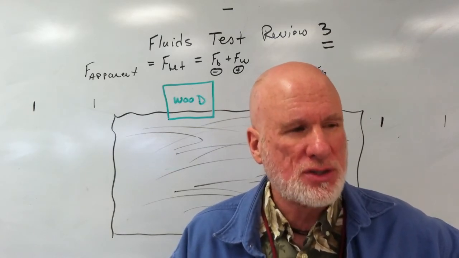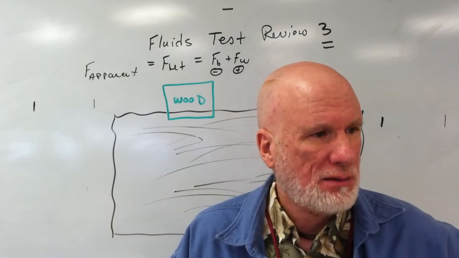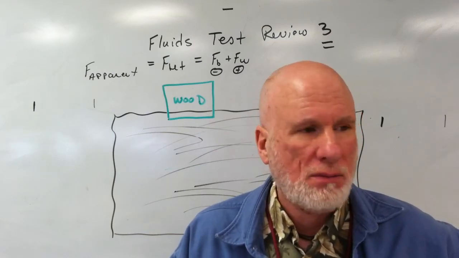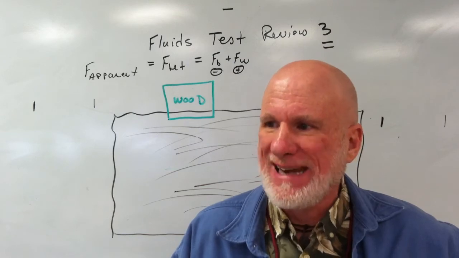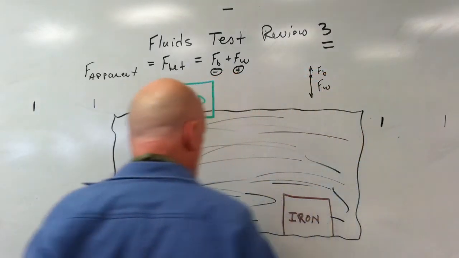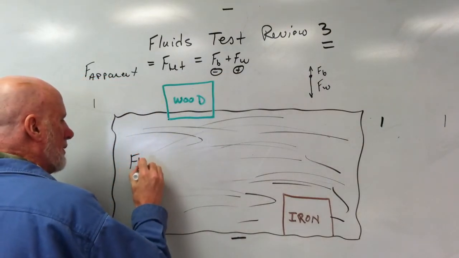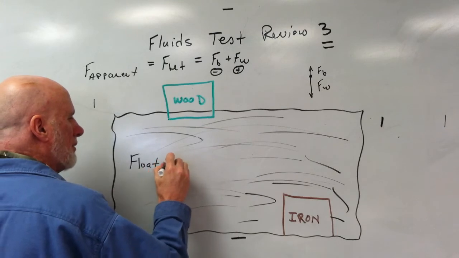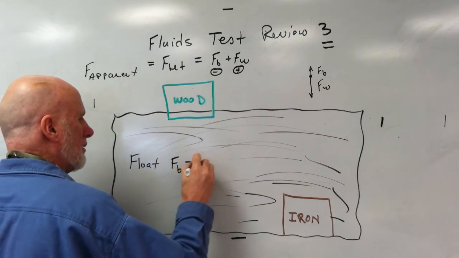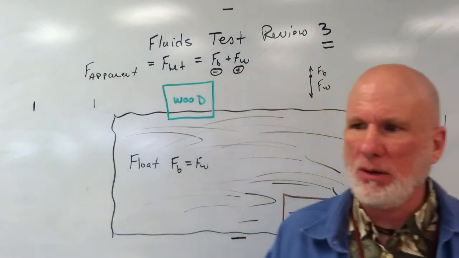Yes, okay, but what does the word floating mean? What's the definition of floating? I'm going to write it right here. Definition of floating. Isn't that true? The buoyant force and the weight are equal.